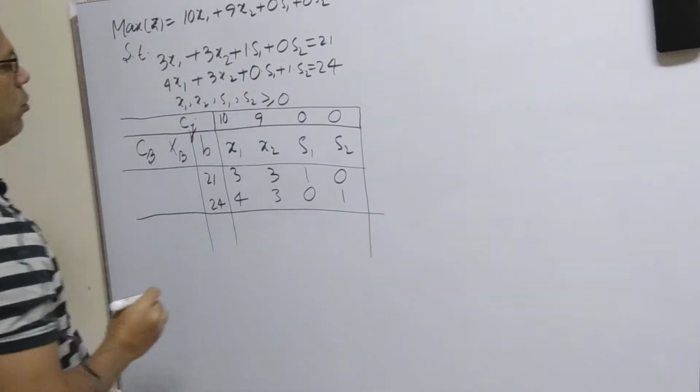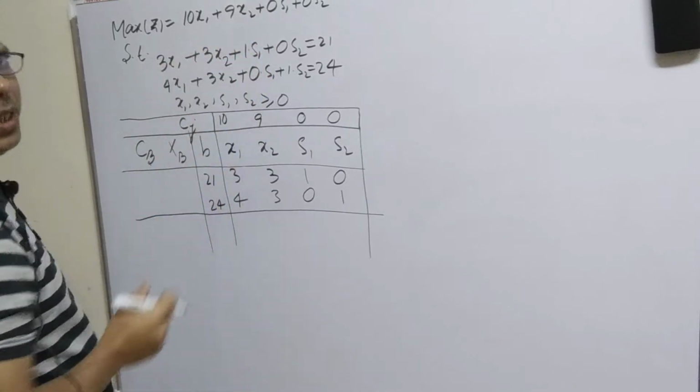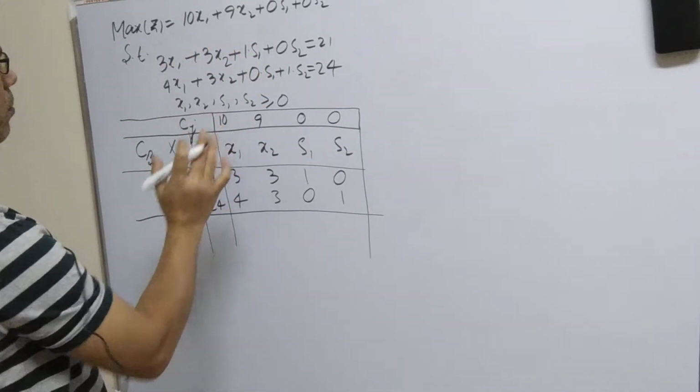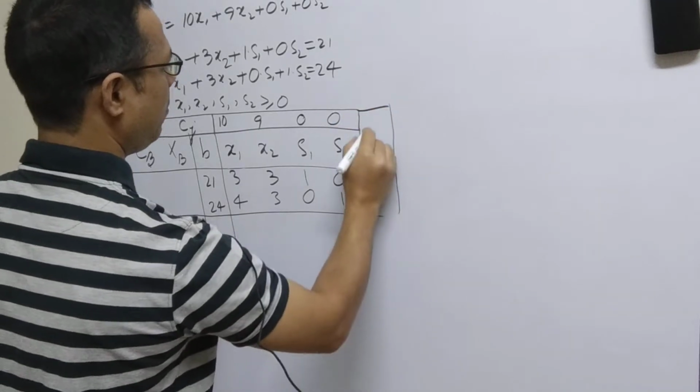You just need to copy whatever coefficients have been given in these constraints. And here I am going to give one new name, theta.